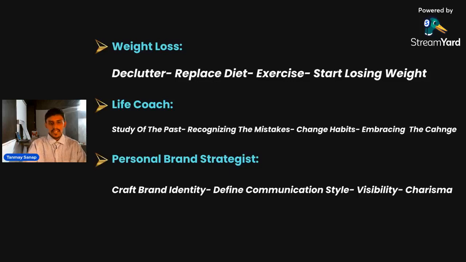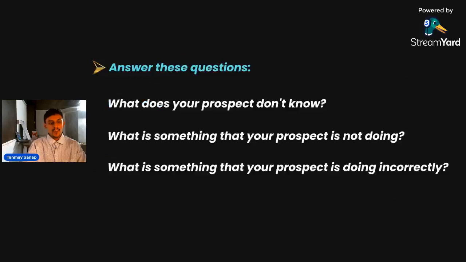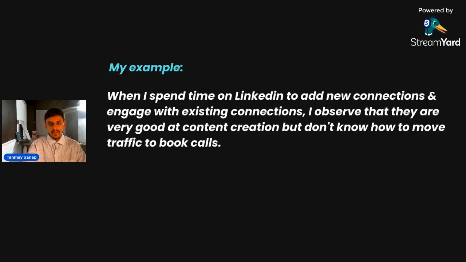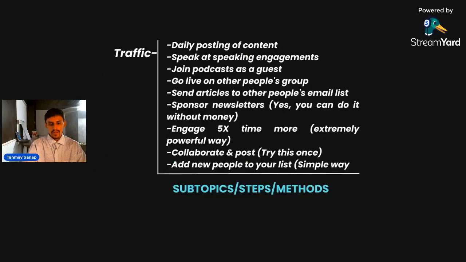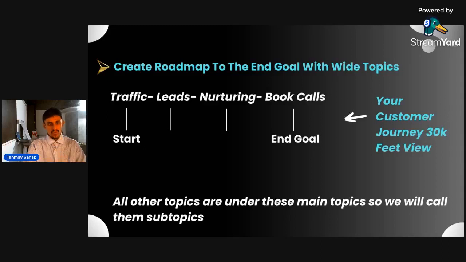So once you create these four wide topics, once you create the roadmap to the end goal with wide topics, this roadmap will give you immense clarity about how to find your ideal customers. Very simple. With practice, you'll understand this.